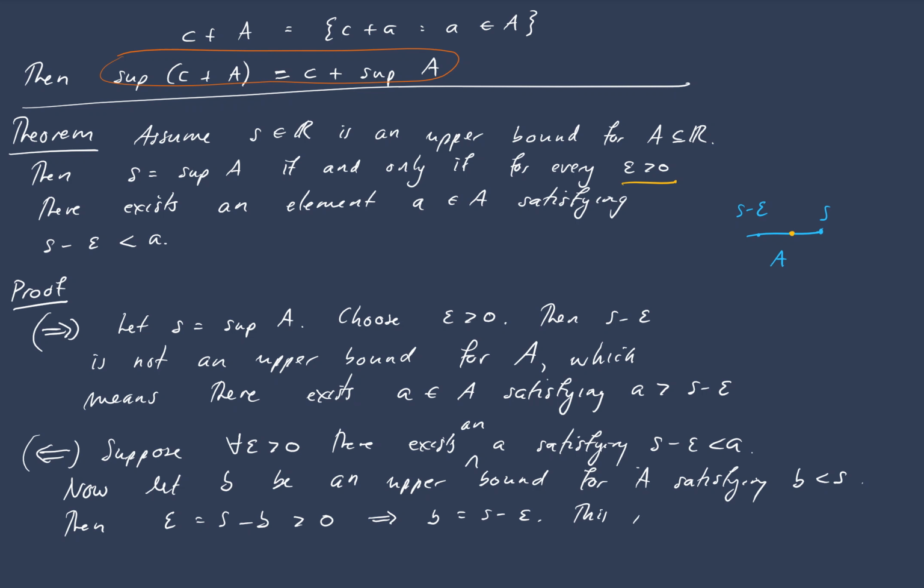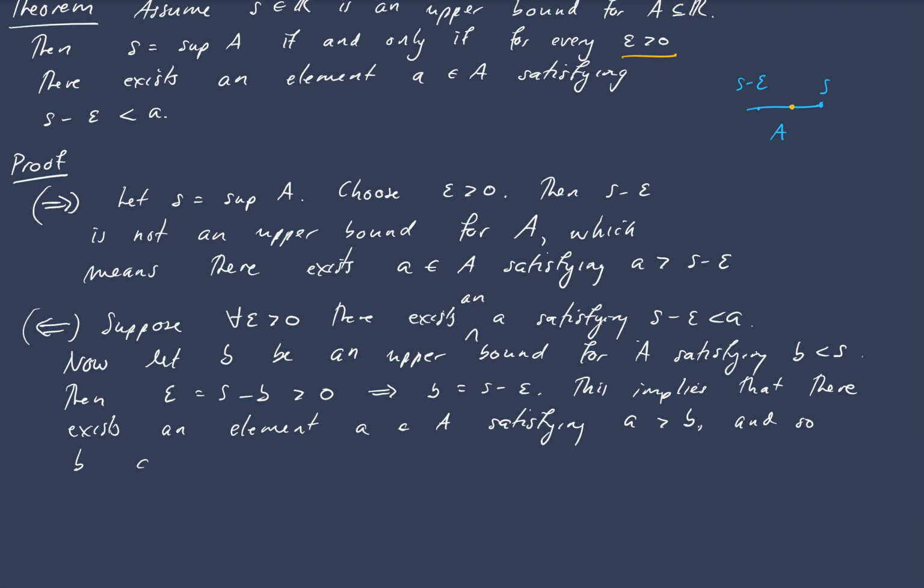This implies that there exists an element A satisfying A is greater than B. This is by the statement in the theorem that for every epsilon greater than 0, there exists an element satisfying S minus epsilon is less than A, which is our B. And so B cannot be an upper bound.